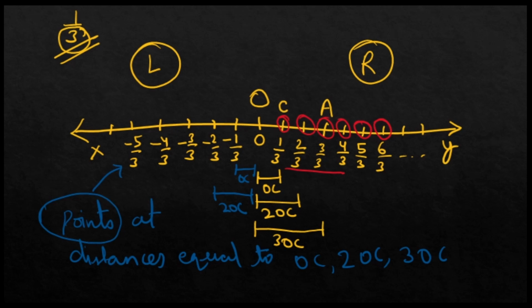They are denoting rational numbers, whether on this side or this side. So for each rational number having denominator 3, we can find it on the number line. At some point you will find the number of your interest.